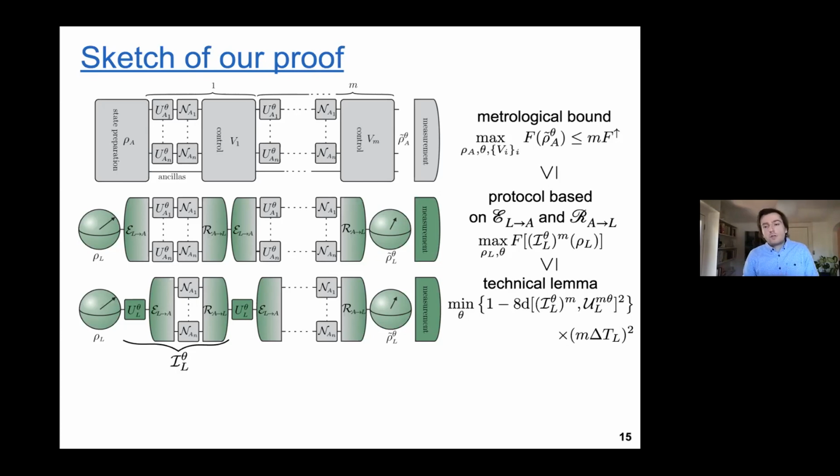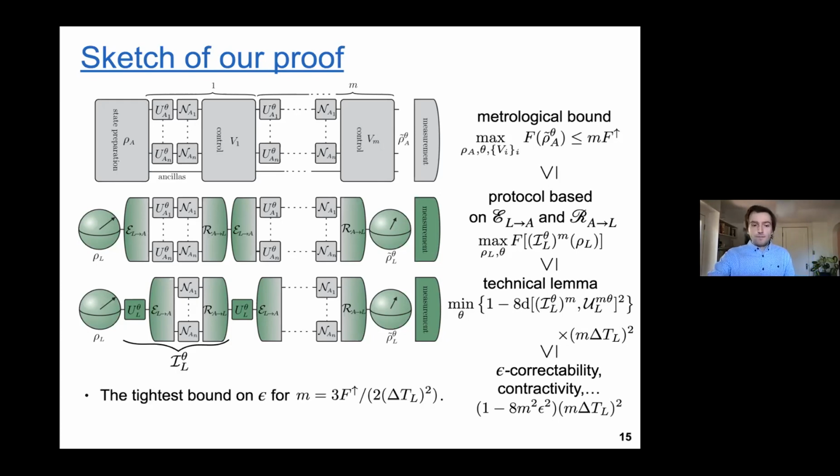All you need to know at this point is that this technical lemma allows us to relate the quantum Fisher information to the Bures distance. And if we use some further assumptions about our code, namely that it's epsilon correctable, and we use some contractivity and unitary invariance of the Bures distance, as well as some triangle inequality, we can lower bound it even further. Then if we combine all those inequalities together, we can find the tightest bound on epsilon for a certain m. And basically, if we plug in those numbers, we recover the statement of our theorem.